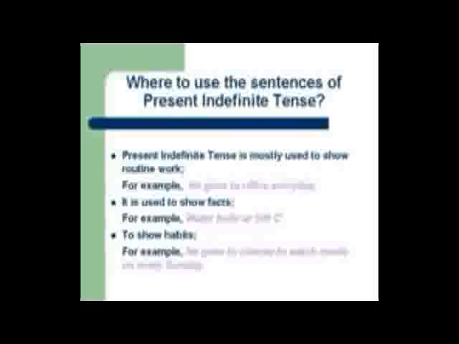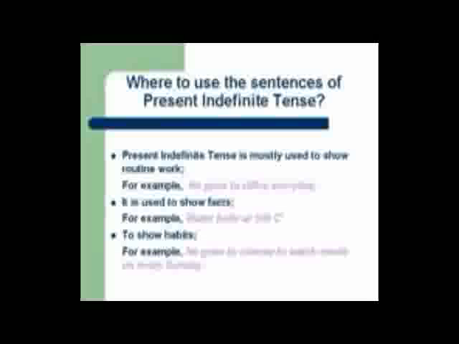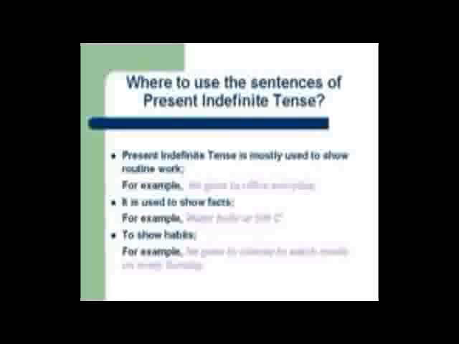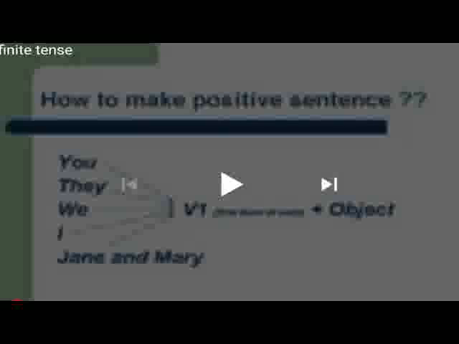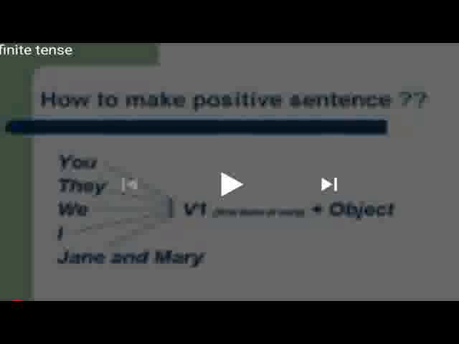It means for the persons who are habitual to do the work, we use present indefinite tense. For example, he goes to cinema to watch a movie every Sunday. Clear?